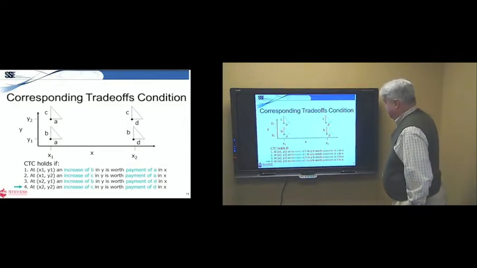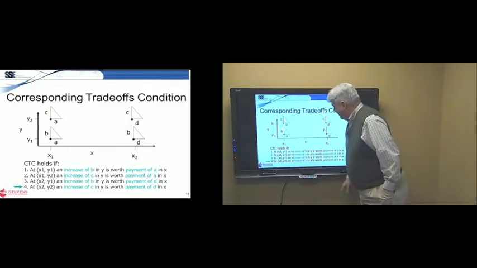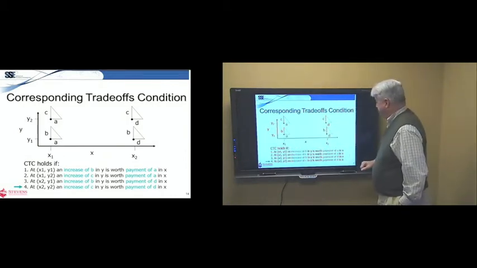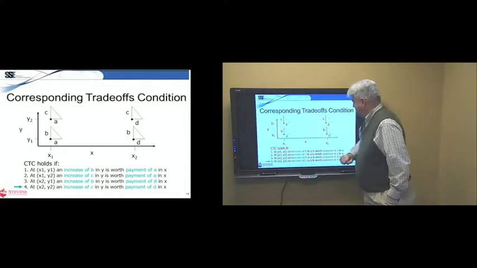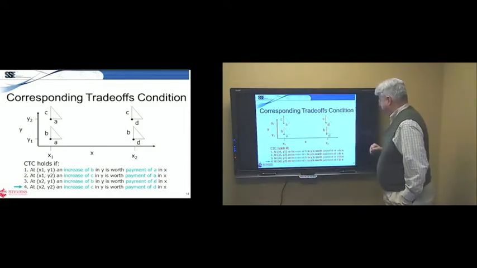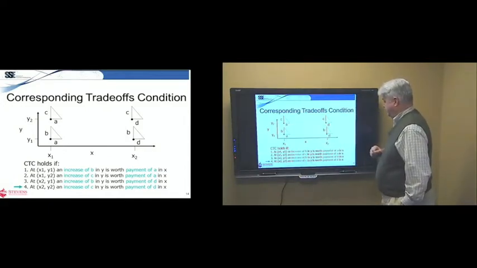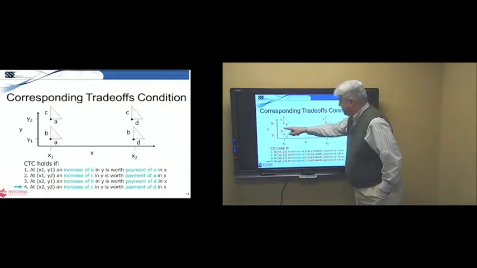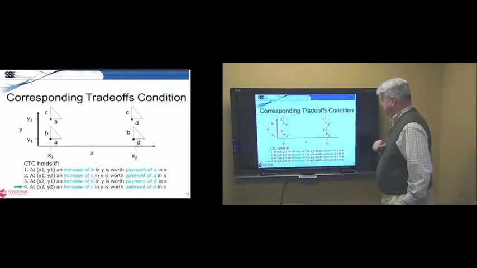Basically what it says here is if I'm at x1, y1, right here, and an increase of y is worth a payment of a in x. So I'm going to get some y and give up some x.